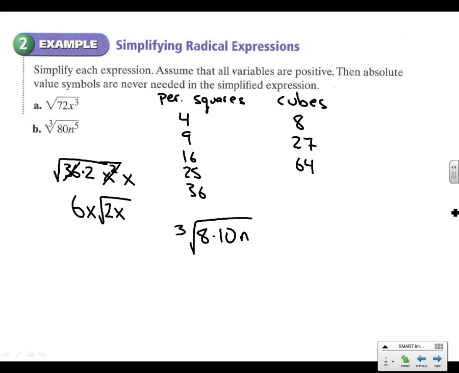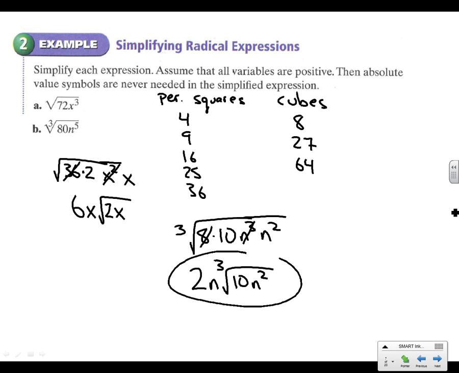We're pulling multiples of 3 out: n cubed and n squared. The cube root of 8 is 2. The cube root of n cubed is just n. And everything else needs to stay underneath the cube root. 2n times the cube root of 10n squared. That's your answer. This was the answer to number A.